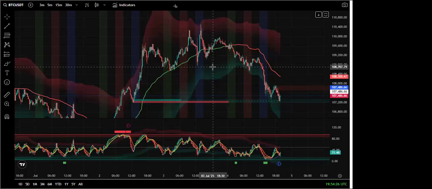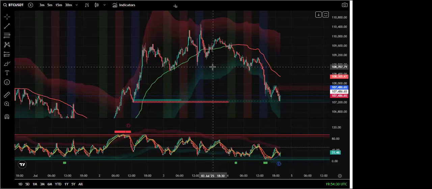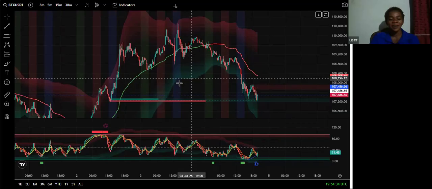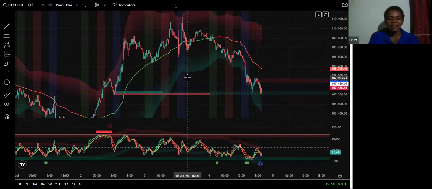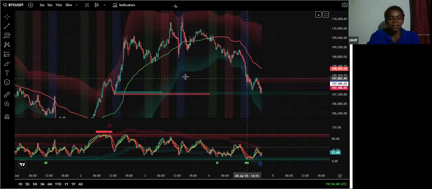Someone is saying, please explain virgin zone. Virgin zones, I just said it. I call them virgin zones for newbies to understand, but normally we call them unmitigated zones. Unmitigated zones or virgin zones, as the person calls it, are zones that market has not tapped into.